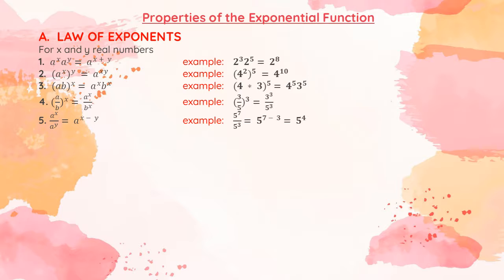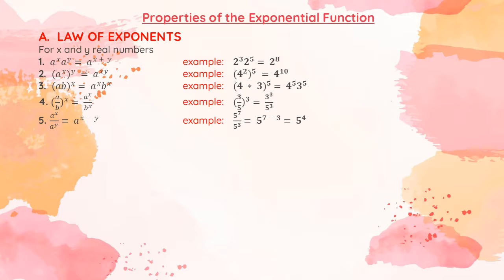Okay, next, number 4. (a over b) raised to x is equal to a raised to x over b raised to x. So, dito naman po, class, nilagyan po natin ng exponent yung ating a and b, yung ating base na a and b.